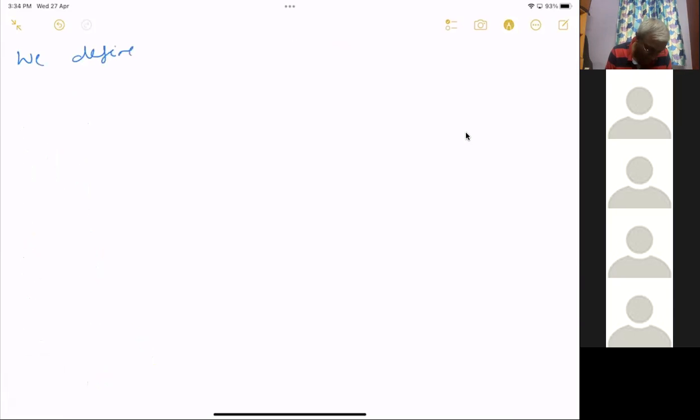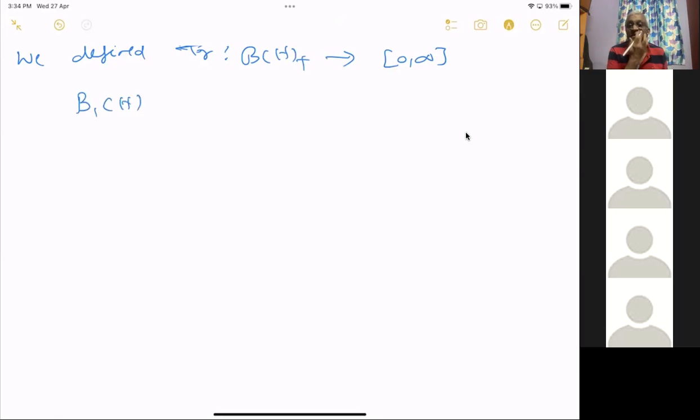So we defined trace from B(H)+ to the extended positive real line, [0, infinity], on positive operators. And we defined B1(H) to be all those operators T in B(H).